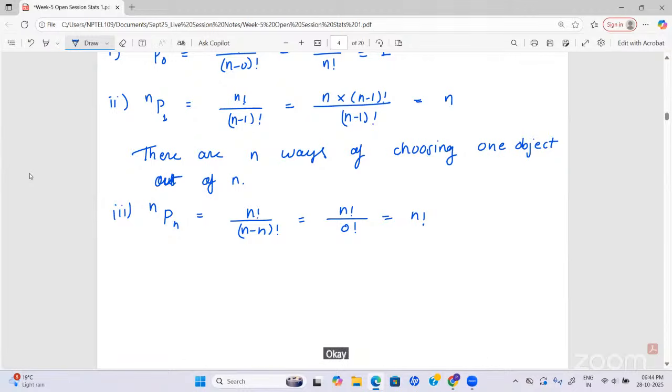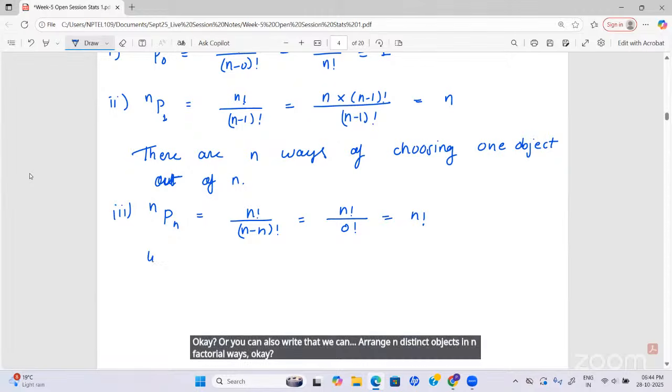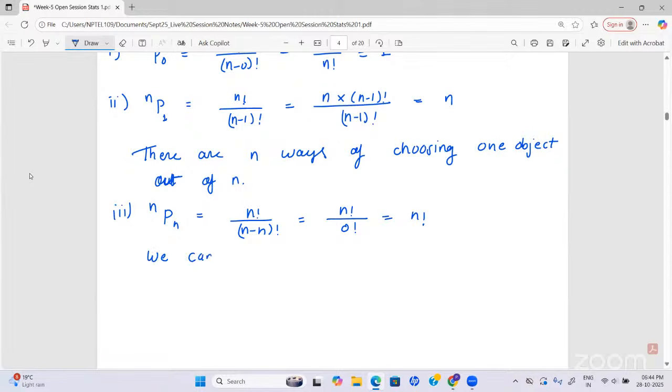That can be done in n factorial ways. Or you can also write that we can arrange n distinct objects in n factorial ways. If you have to arrange n items, you can do it in n factorial ways.